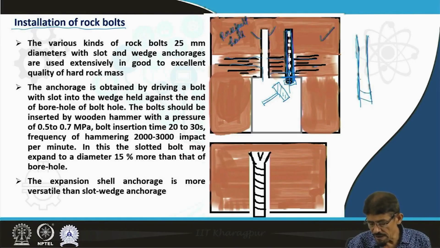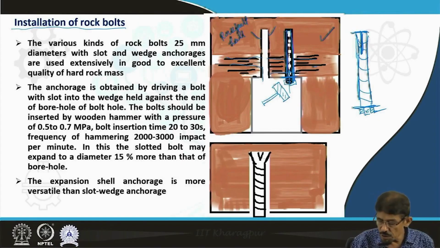For additional support we have this simple steel bar, with one end having a bifurcation type of arrangement, an interface cut, and at the other end a plate, which is tightened with the help of this nut. When we insert this and hammer, this part of the bolt is going to interact with this face of rock exposed in the hole.